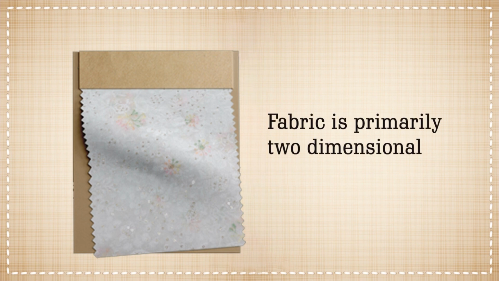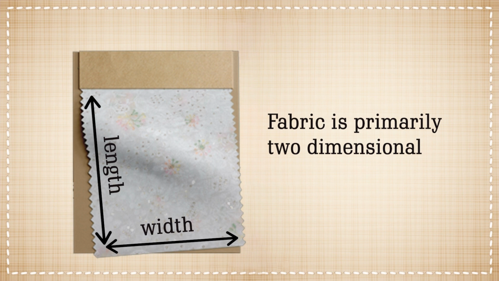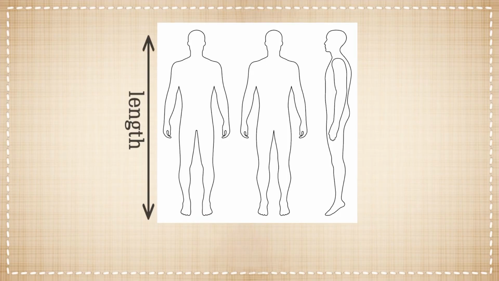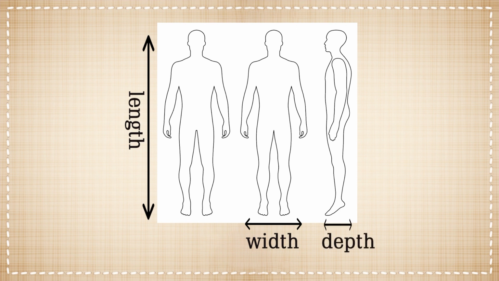Now, why is this disposal of fabric fullness required? We need to understand that the fabric is primarily two-dimensional. That means it has a length and a width. But the human body is a three-dimensional form. It has the length, the width, and the depth.